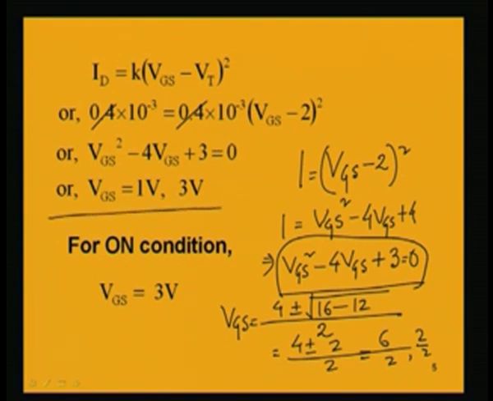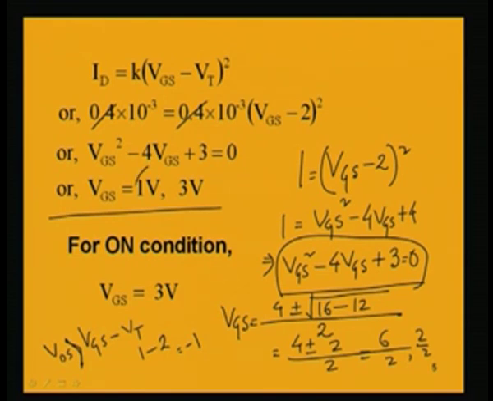But if we have VGS equal to 1 volt, then our condition that VGS minus V threshold must be less than VDS will not be satisfied, because VGS minus VT will then be 1 minus VT, and we have been given VT as 2 volt. So, 1 minus 2 means it will be minus 1, but we have VDS equal to 1 volt plus 1 volt.